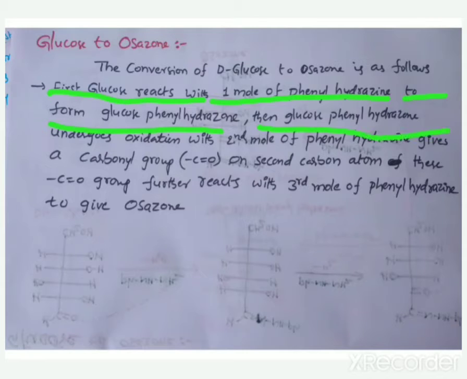Then glucose phenylhydrazone undergoes oxidation with a second mole of phenylhydrazine and gives a carbonyl group on the second carbon atom. This carbonyl group further reacts with a third mole of phenylhydrazine to give osazone.